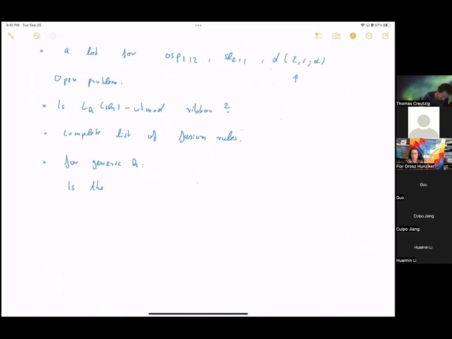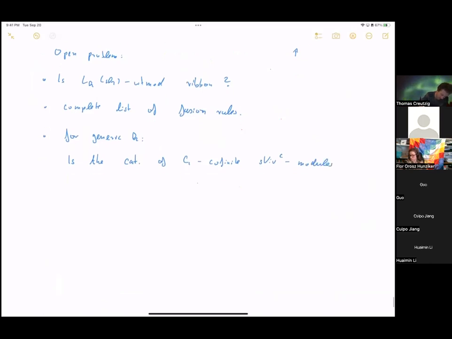And so I think one should ask the following question: one should study the category of C1 cofinite super Virasoro modules, which is dual to the SL2, and what one would like is for this to be an abelian category that's closed under contragradient, and of finite length.